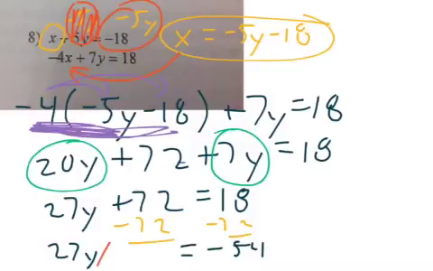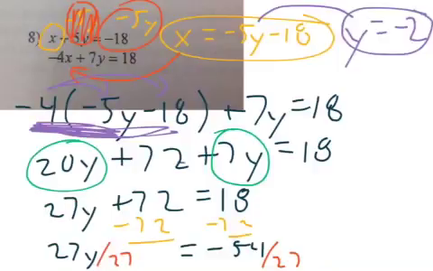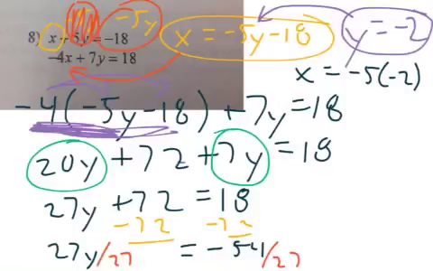And once I divide by 27, I now know that y, up here in the top right corner, guys, equals negative 2. And now I'm going to plug that y in for the other y there. And now I know that x equals negative 5 times y, minus 18.